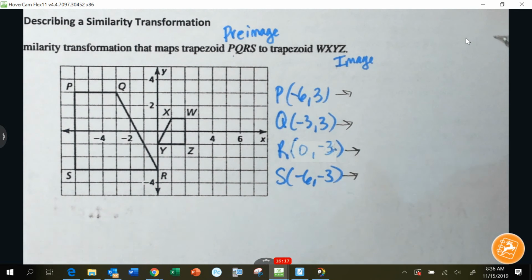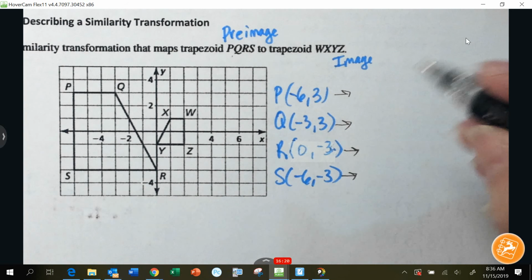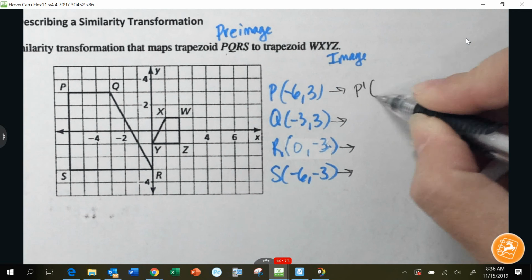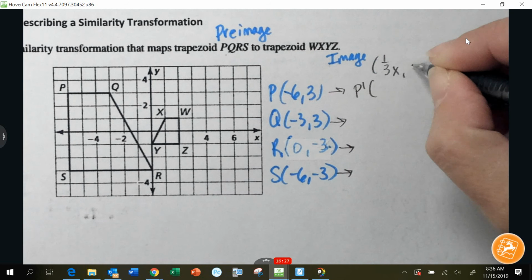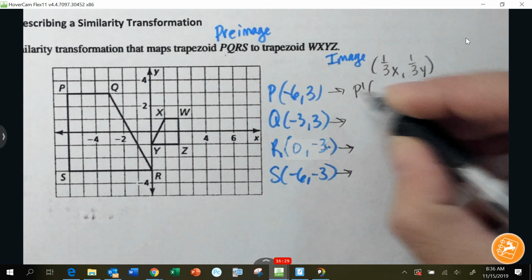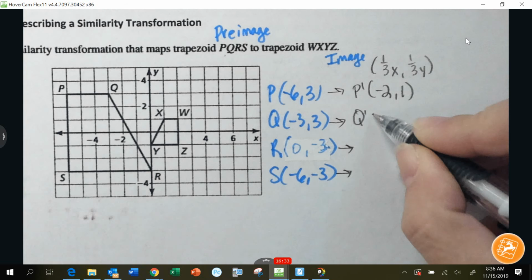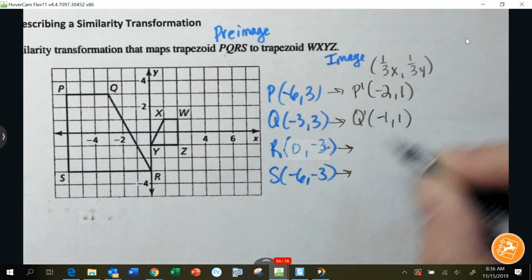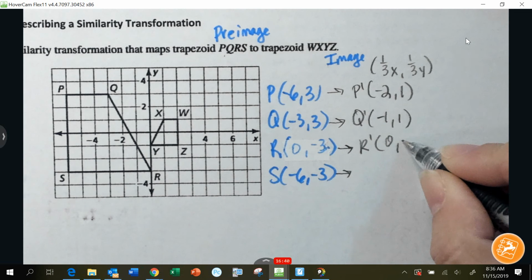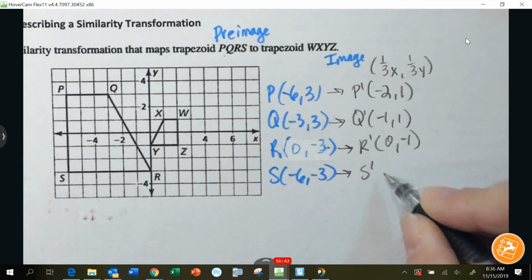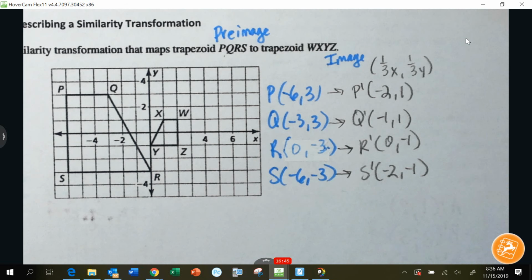I like doing the color thing, but I'm a realist. I make mistakes. All right, so P prime. If we're doing 1/3 x, 1/3 y, then P prime will be negative 2, 1. Q prime will be negative 1, 1. R prime is 0, negative 1. And S prime would be negative 2, negative 1. Let's see where that puts us.